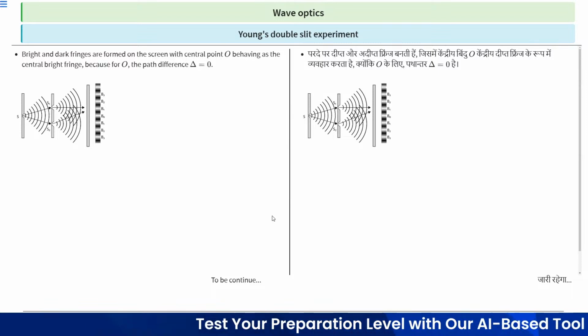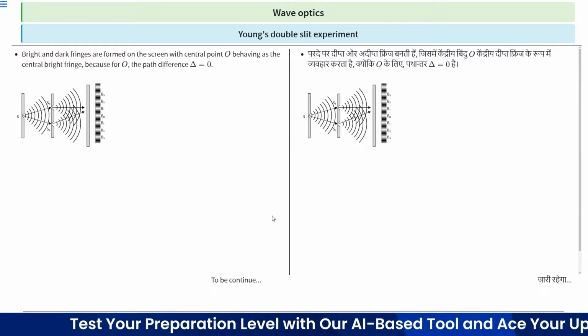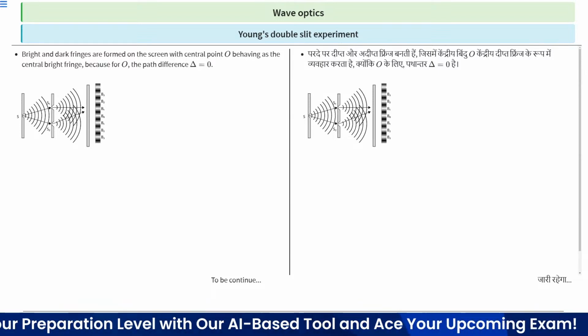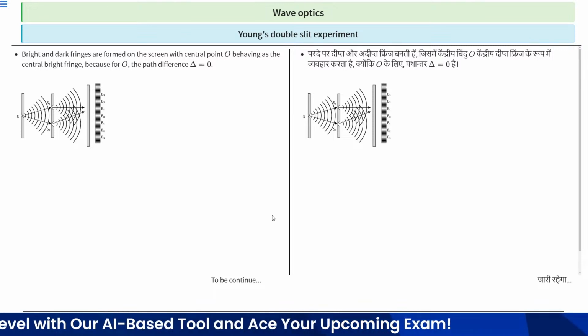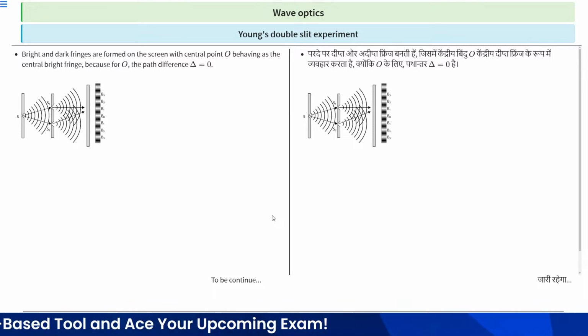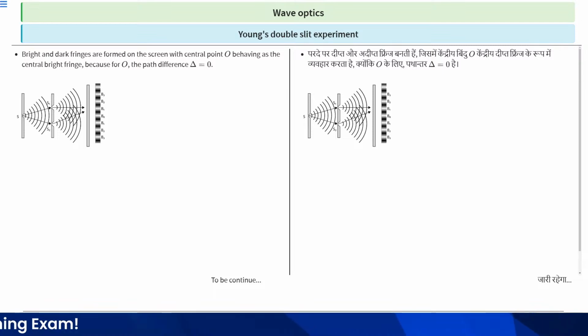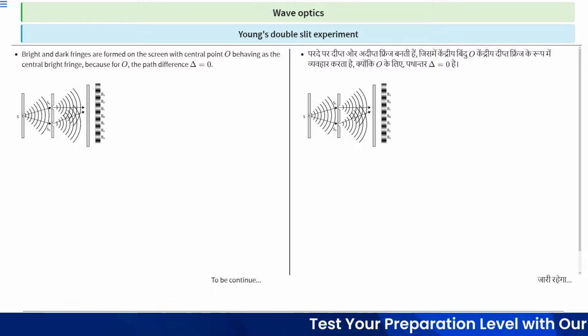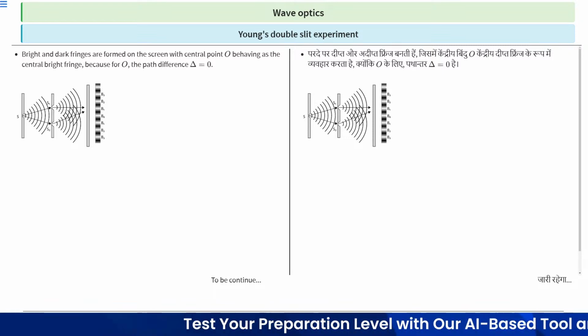Bright and dark fringes are formed on the screen with central point O. This is the central point O, behaving as the central bright fringe because the distance from S1 and S2 to this point is equal in both cases.